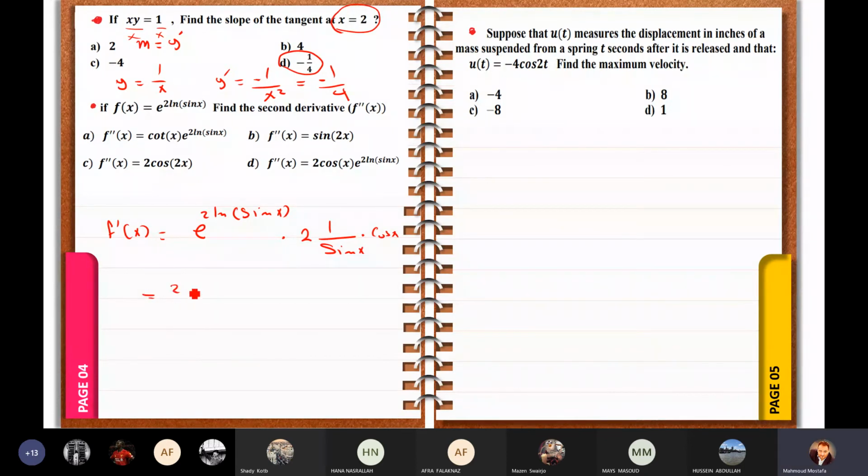So you have 2 cosine over sine, cotan x, multiply e power 2 ln sine x.